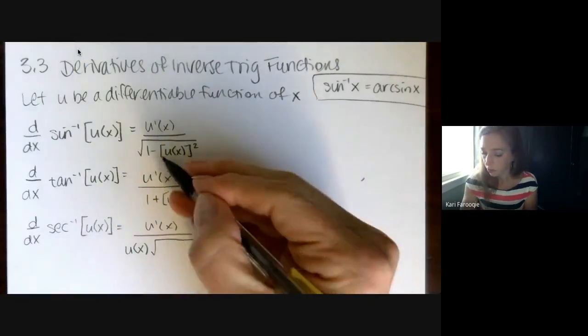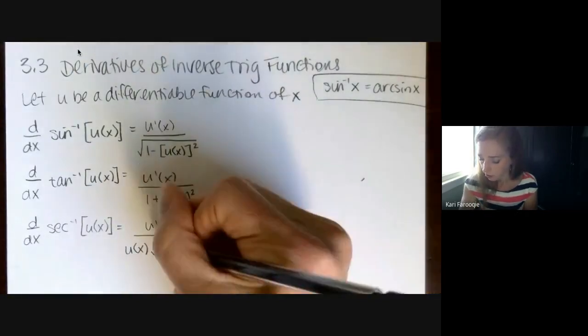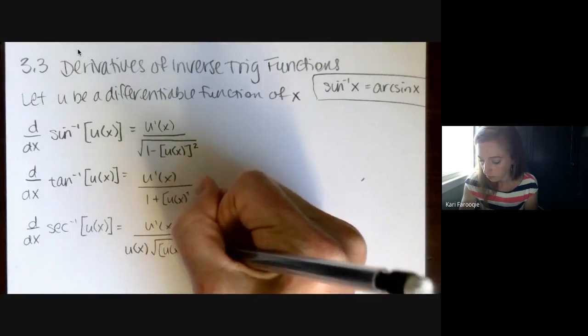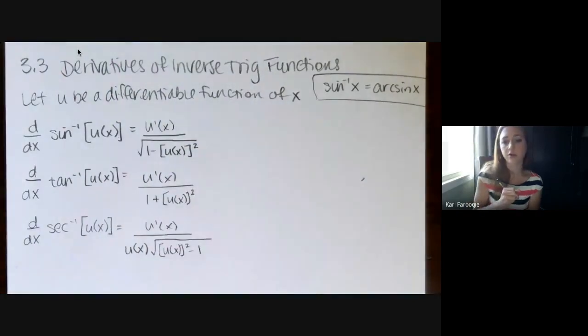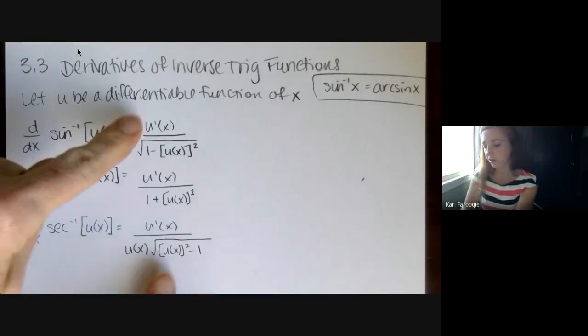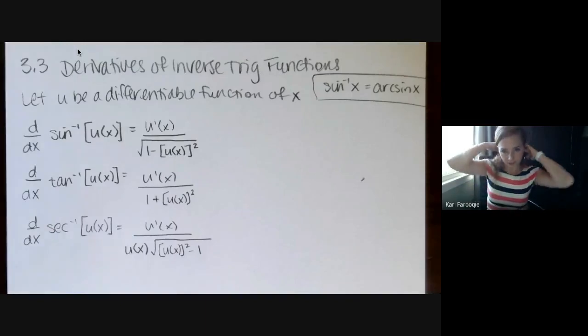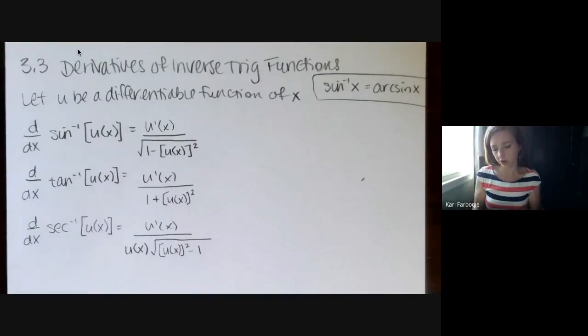So instead of being 1 minus u squared, you're going to take u of x quantity squared and subtract 1. So nothing too major, but understand the differences between the two. And the inverse tangent is no radical, addition. And you'll just have to remember the order of subtraction there, but it's open note, so you don't really have to remember anything.